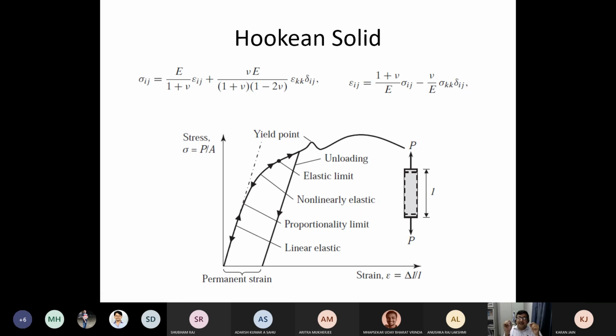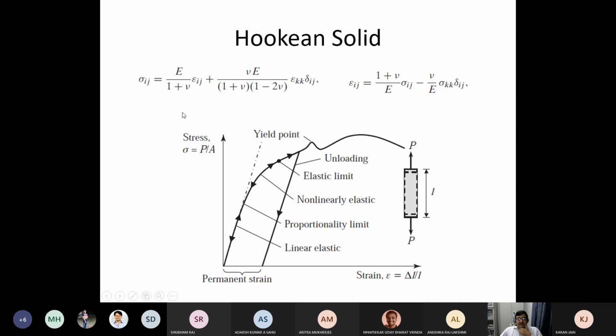That's where the origin of the pressure is: when EKK tends to 0 and nu tends to 0.5, the invariant pressure manifests. This is the consequence of the pressure. Epsilon, this E already is the elastic modulus, so sigma Ij is proportional to epsilon Ij.